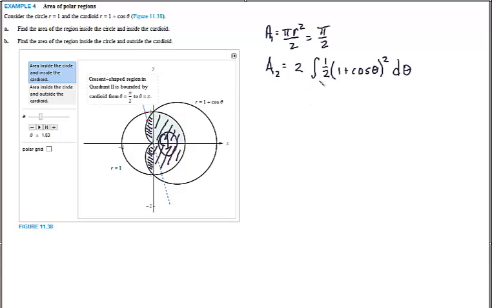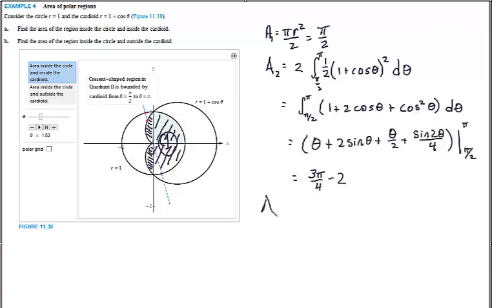So let's go from pi over 2 to pi. I'm just going to multiply this out and integrate and see what I get. Now I have this. I'm just going to use that double angle formula again and integrate.